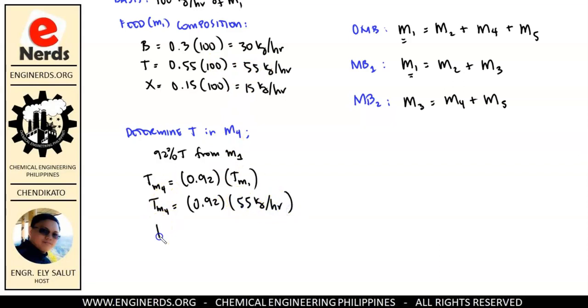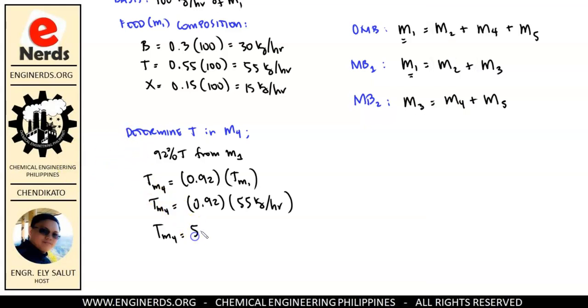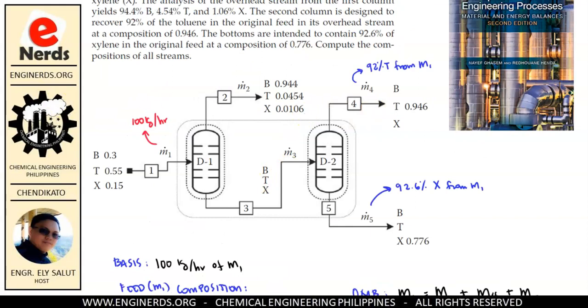So, therefore, we have 0.92 times 55, and this is equal to 50.6 kilogram per hour. Okay, so meron na tayong value ng ating toluene here. This is 50.6 kilogram per hour.